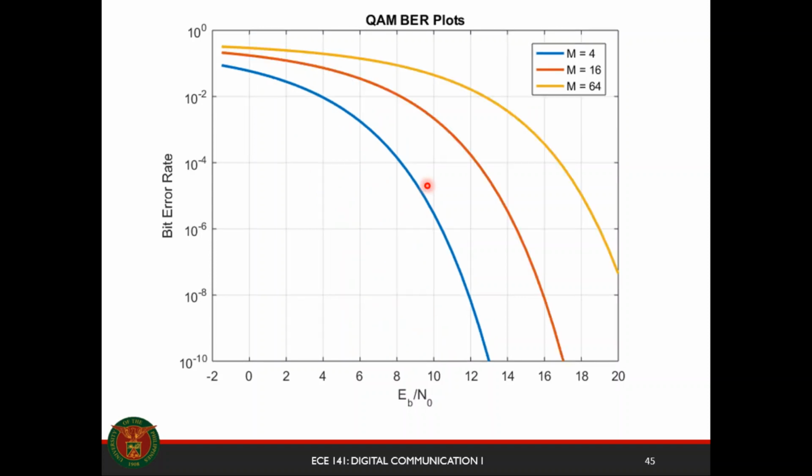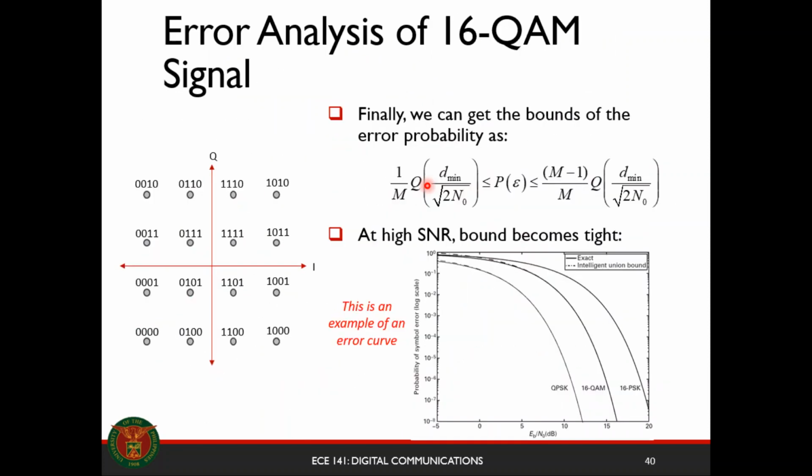Just to summarize, your bit error rate is bounded from this value here to this value here. So this is where the reliability of your system materializes. We used the minimum distance before as a metric for reliability.